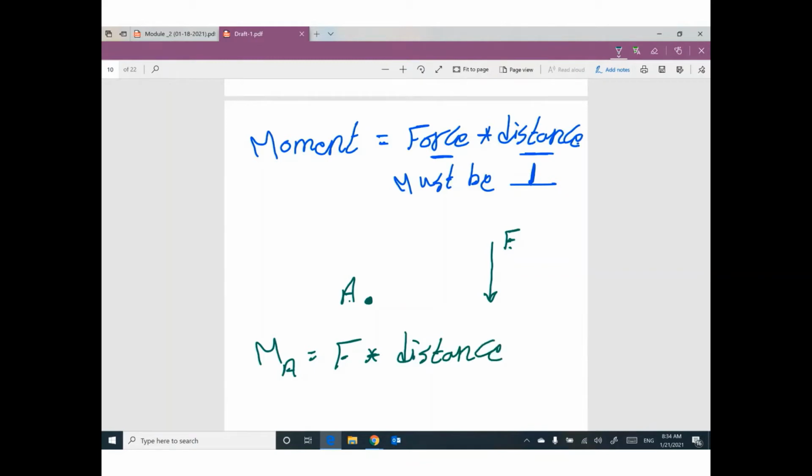Where is the distance? Your distance will be like this. Here is the distance. Can you watch the direction of the force and the direction of the distance? The force is vertical, the distance is horizontal, both of them are perpendicular.